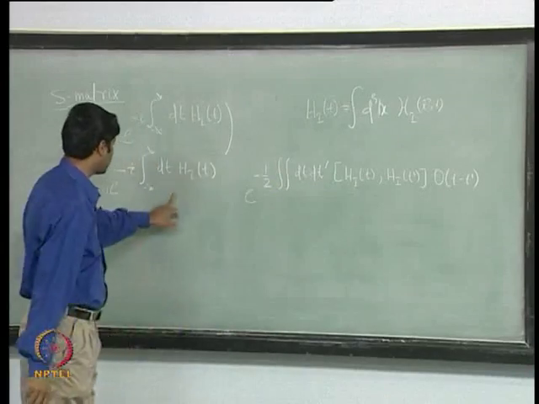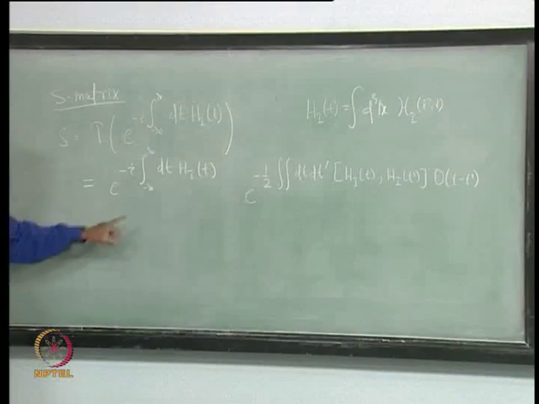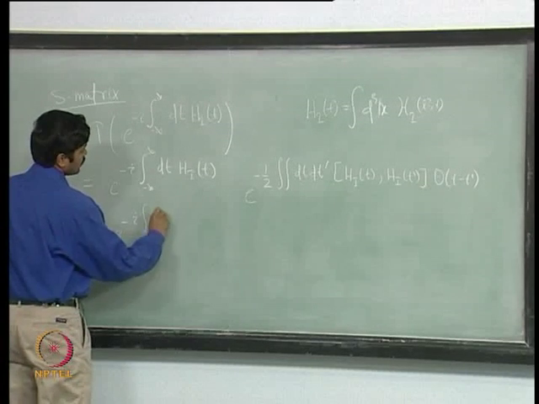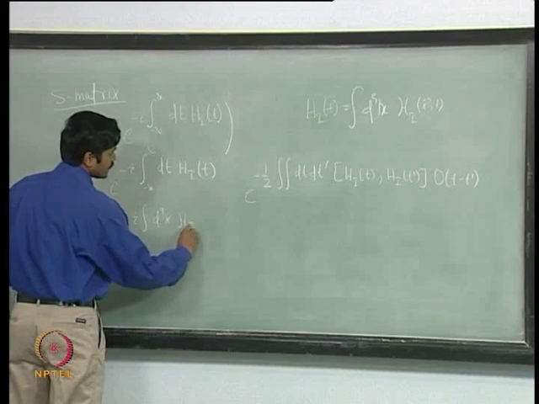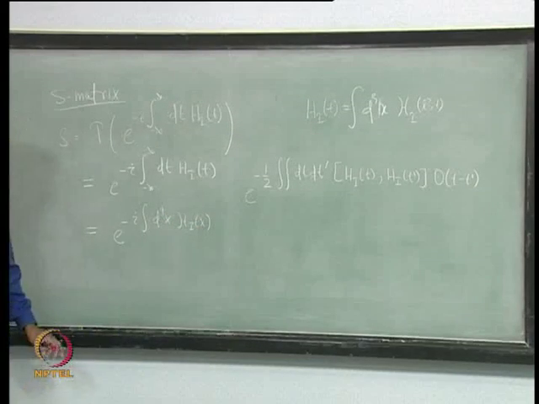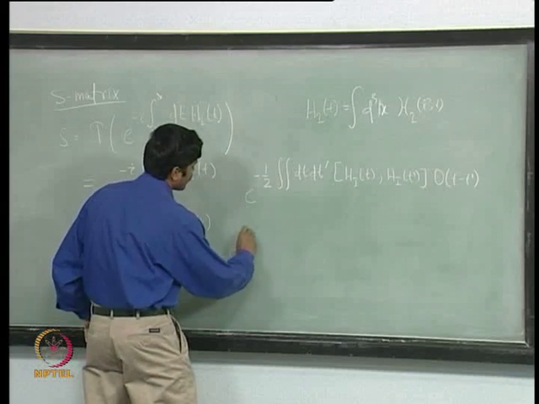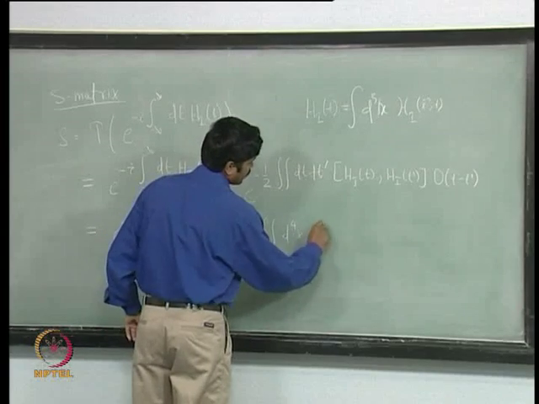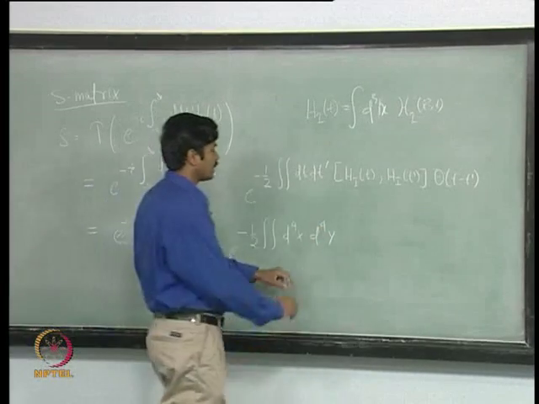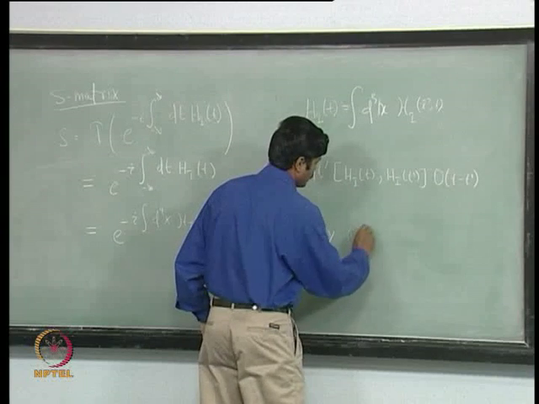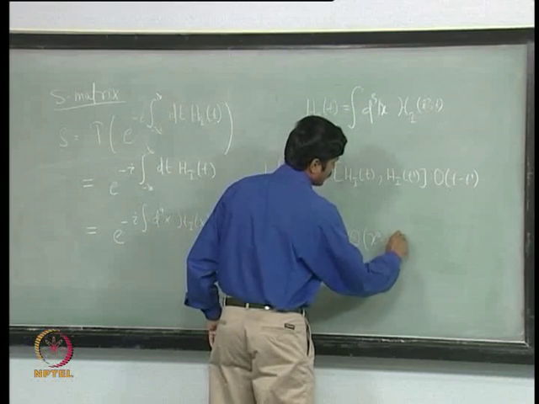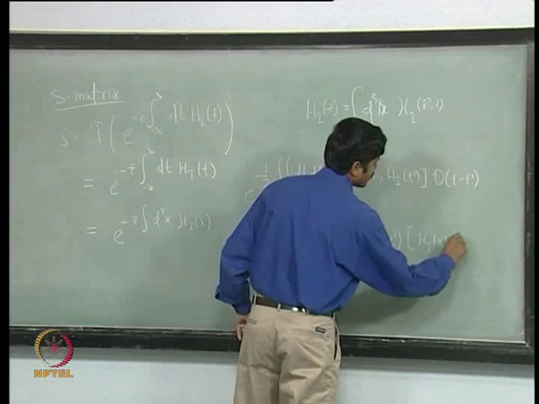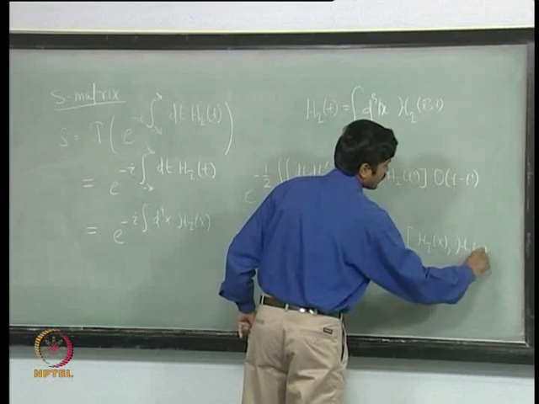So, in this case this quantity here becomes e to the power minus i integral d4x H_I of x, and here e to the power minus half integral d4x d4y theta of x0 minus y0 commutator of H_I of x, H_I of y.